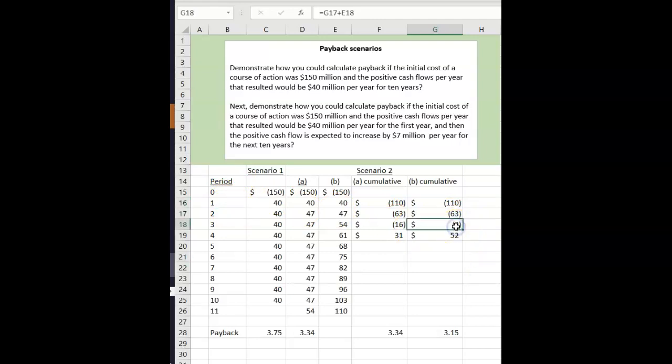Okay, and then we're negative in the hole 9, and we're going to be 61 positive in the next year. So if I take that 9 divided by 61 and I take that negative and turn it into an absolute value, meaning a positive number, I get the proper amount of the fraction. Okay, so that's how you would tackle the payback scenario for scenario 1 and scenario 2, depending on how you interpreted what it was asking.